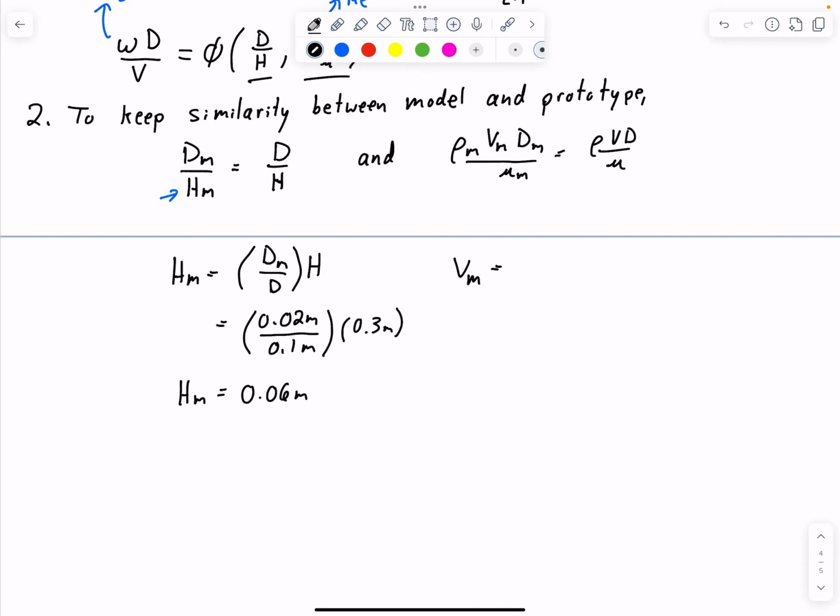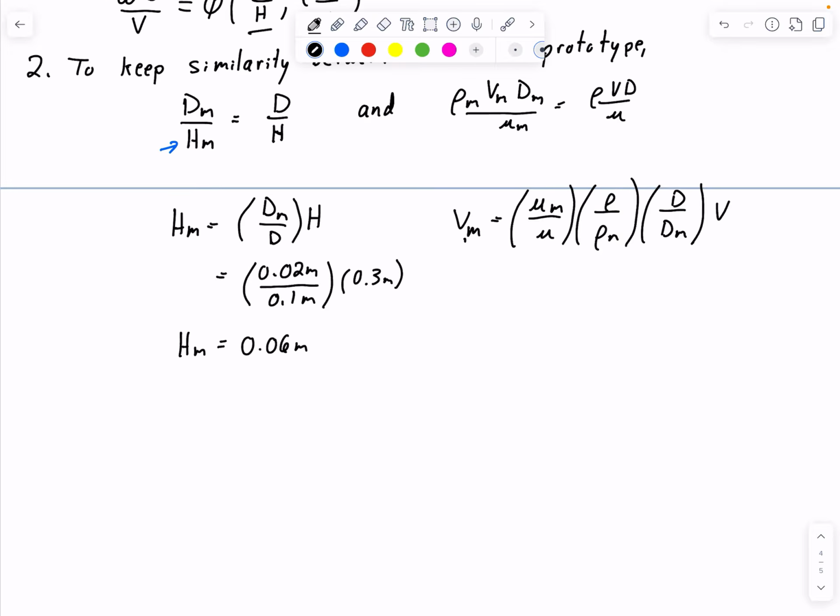It's usually helpful to group your like parameters together, and that's what I'm going to do here. So I'm going to say mu of the model divided by mu of the prototype, times rho of the prototype divided by rho of the model, times d of the prototype divided by d of the model, and all of that times v, the velocity of the prototype.